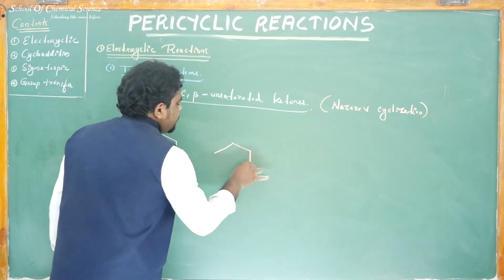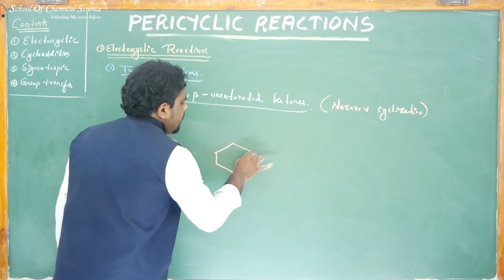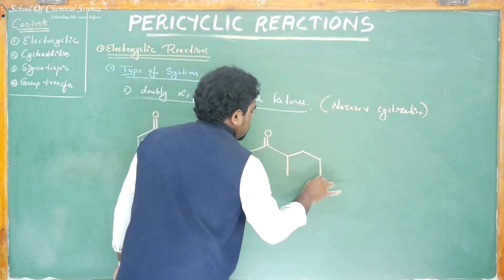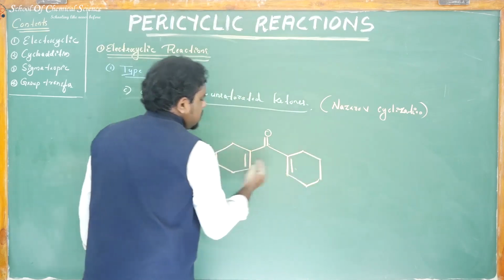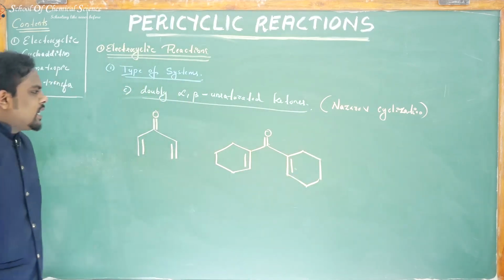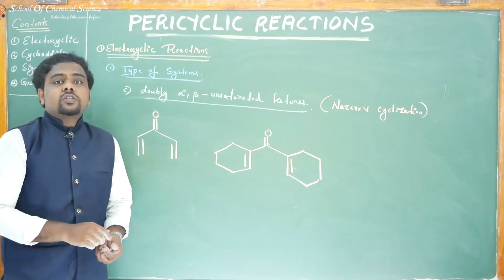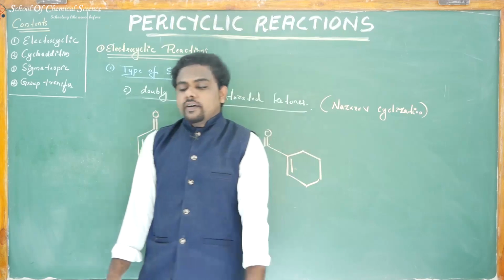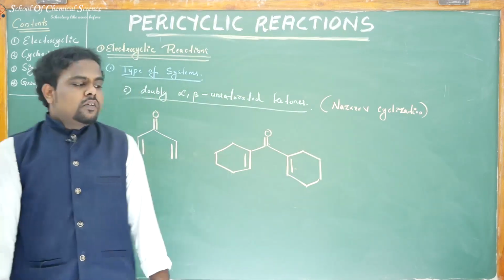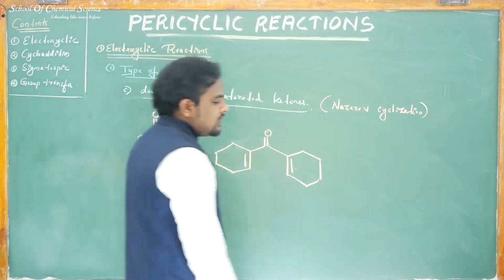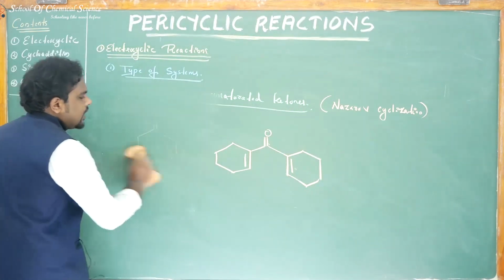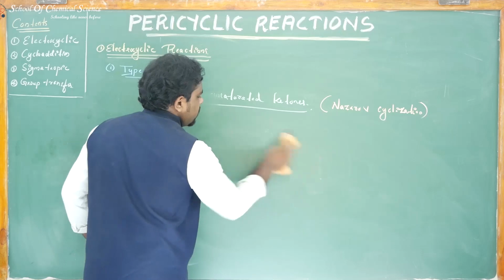Another example for a doubly alpha beta unsaturated ketone. This is also a doubly alpha beta unsaturated ketone, which shows a special type of electrocyclic reaction called Nazarov cyclization. So that is the third type of system, doubly alpha beta unsaturated ketone.